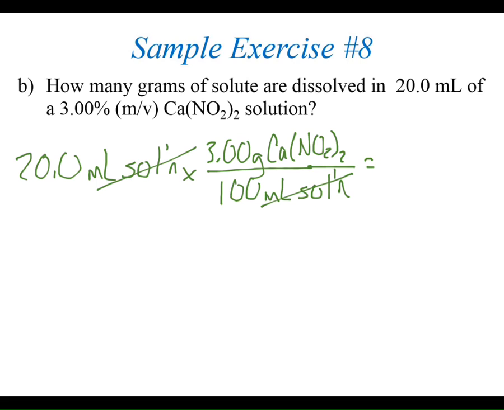Divided by 100? 0.667 maybe then. 0.600? How many sig figs should I have? 3. So what is it? 0.0600? You have confused me. 0.600 grams of calcium nitrite. There we go. Okay. Alrighty, well.